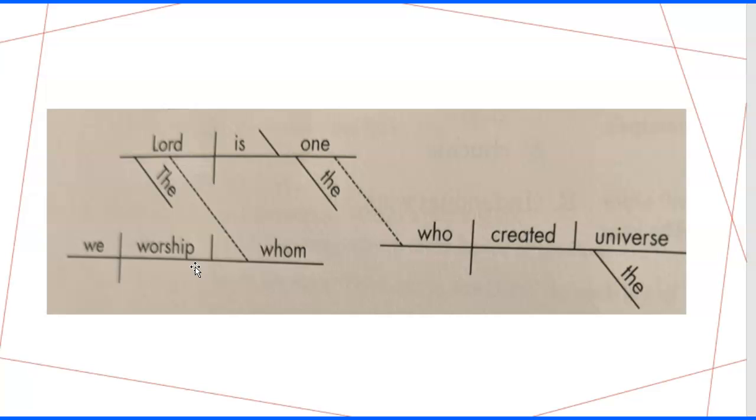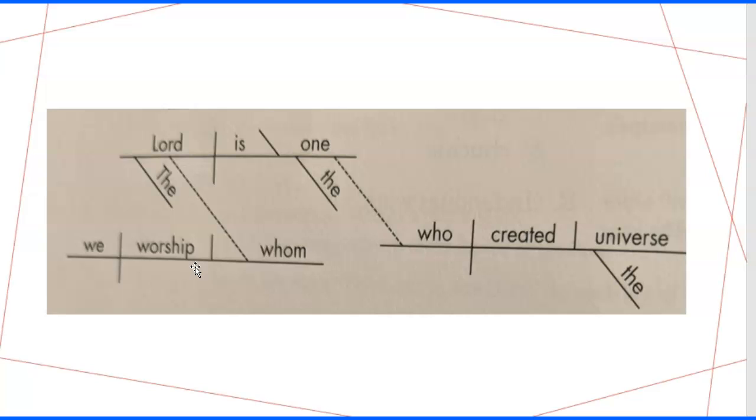The Lord whom we worship is the one who created the universe. Well, every time you see a who which clause or whom, you are going to have a different line. So we're going to have the main line, and then we have to have a different line for each who, whom, or that that appears.